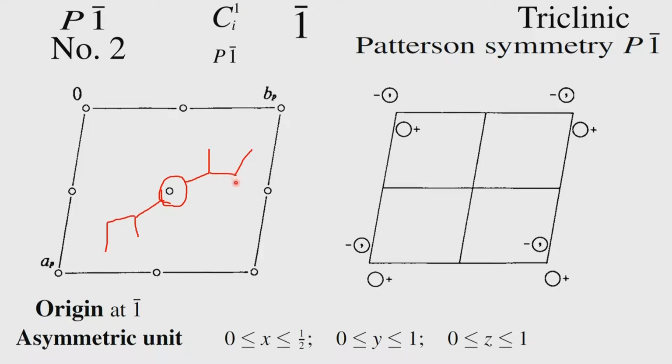If I call this x, y, z, then the corresponding one here is x bar, y bar, z bar. So, there are two positions. So, this atom is sitting in the general position. The atom which is sitting at the special position is our metal atom. Let us say it could be zirconium or something. Some heavy metal atom can sit there, and the ligands that are attached to this are these positions.